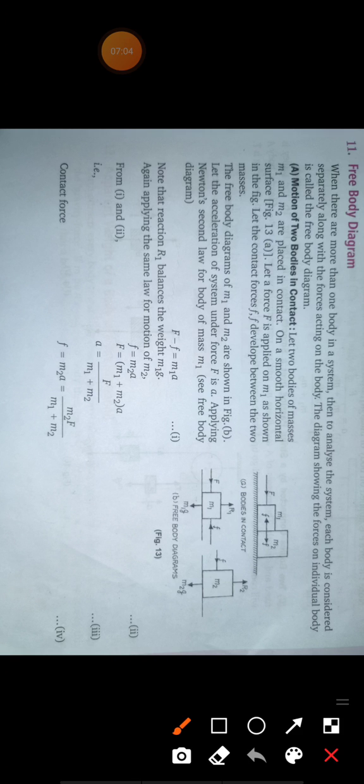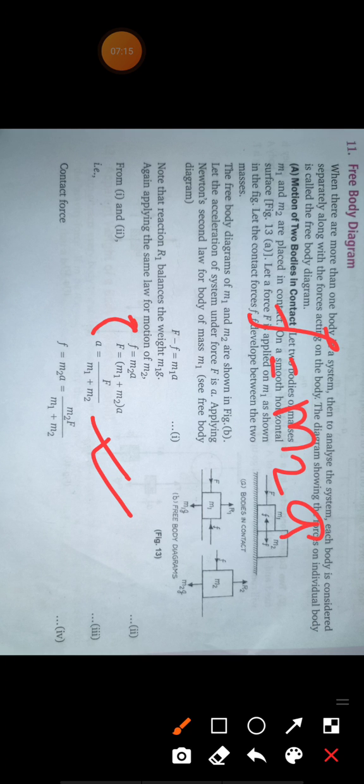So we have found the value of acceleration: a is equal to F by (m1 plus m2). Now if you put the value of a in equation number 2, that is F is equal to m2 into a, and we have derived that a is F divided by (m1 plus m2).